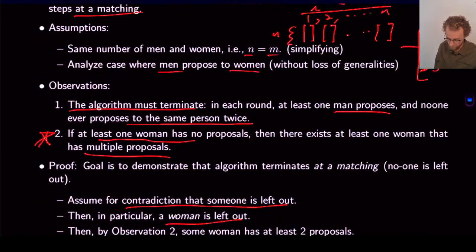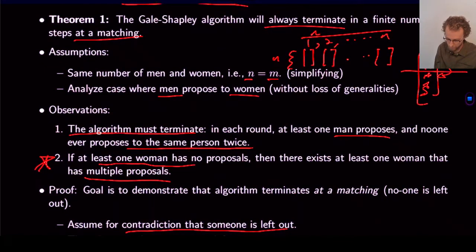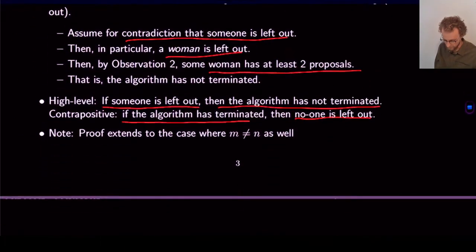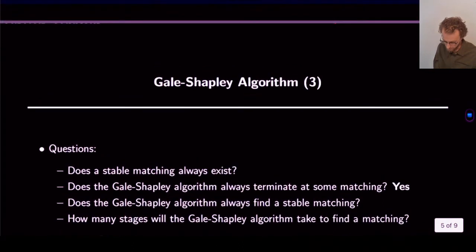We have a full proof of Theorem 1, that the Gale-Shapley algorithm is guaranteed to terminate in a finite number of steps, and when it terminates, it terminates at a matching. So there we go. Now we have a check mark here. Now we know that the Gale-Shapley algorithm will always terminate at a matching.